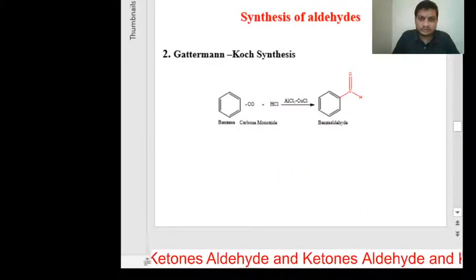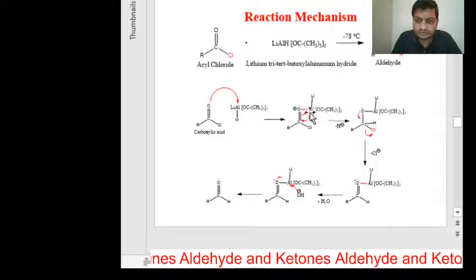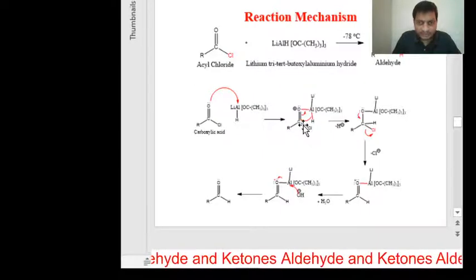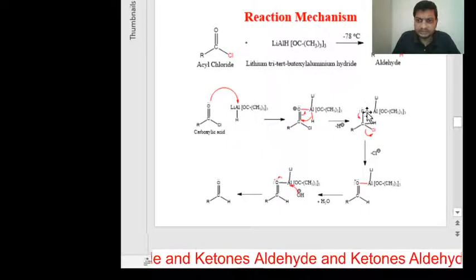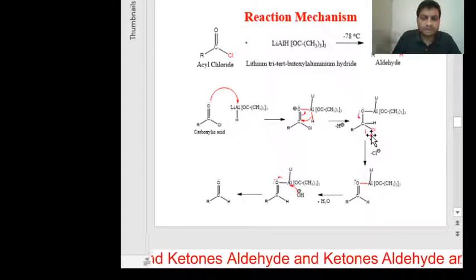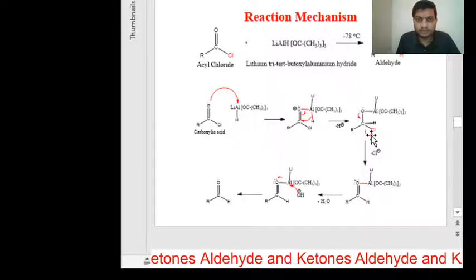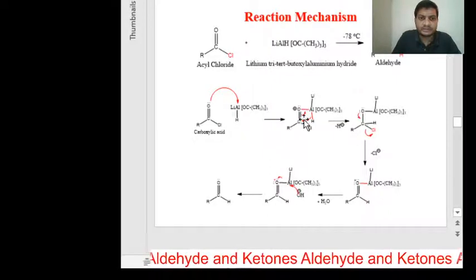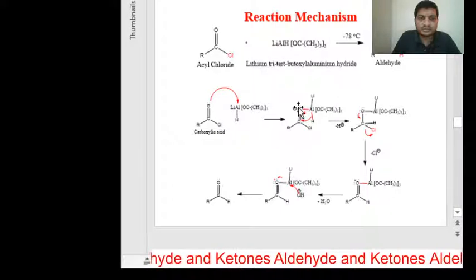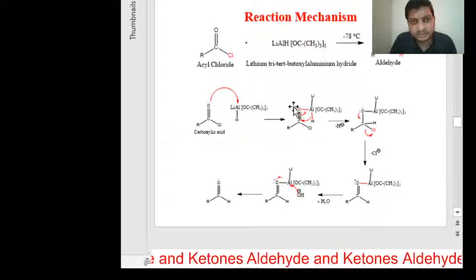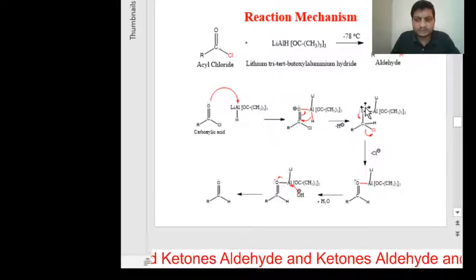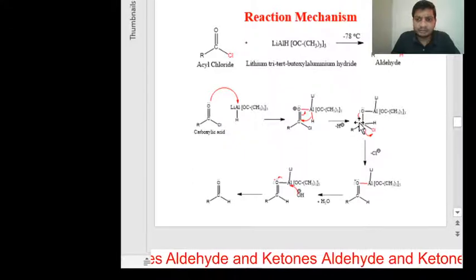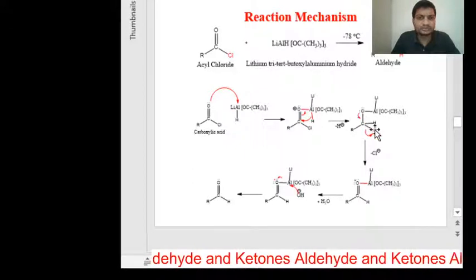So this hydride is transferred and attacks this carbonyl carbon, and the double bond is shifted to the oxygen. So this lone pair of electrons from the carbonyl bond is shifted to the oxygen. So the oxygen gets its extra electron pair, the positive charge on the oxygen vanishes, and the bond between carbon and hydrogen is formed.